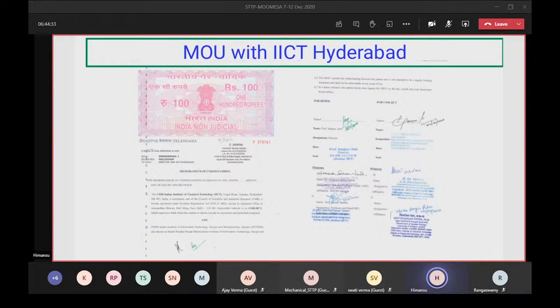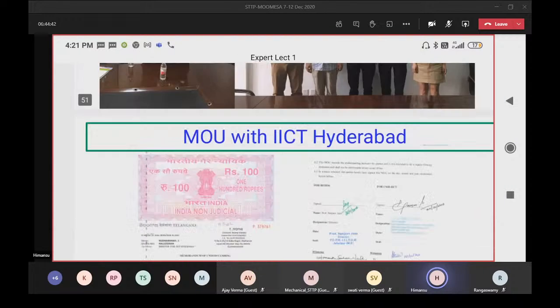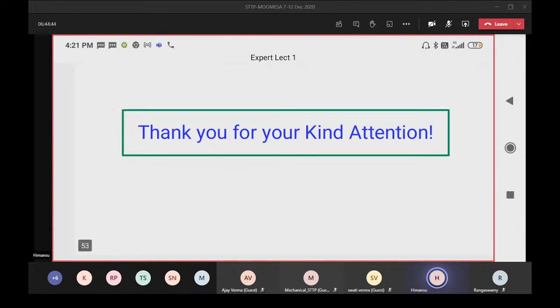You can see this is the current director of the IICT signing the memorandum of understanding. So under my leadership, two memoranda of understanding have been signed for these institutes.